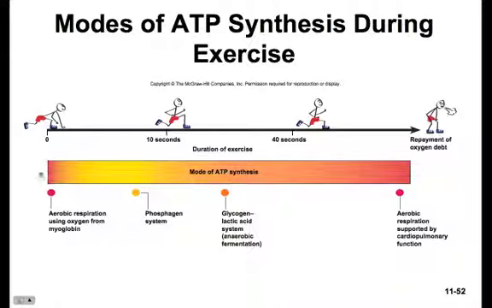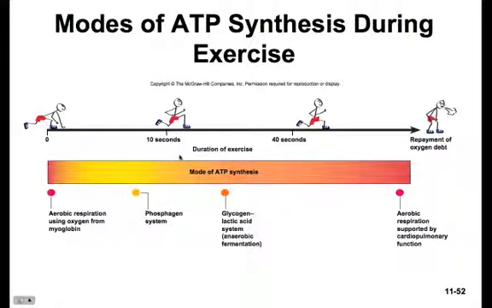While we're still before exercise, we're predominantly using aerobic respiration and oxygen from myoglobin to generate our ATP. Up to about 10 seconds, we're using this phosphagen system, which you may not have met yet, but we'll cover that soon.